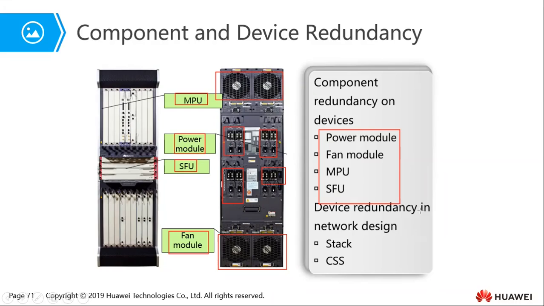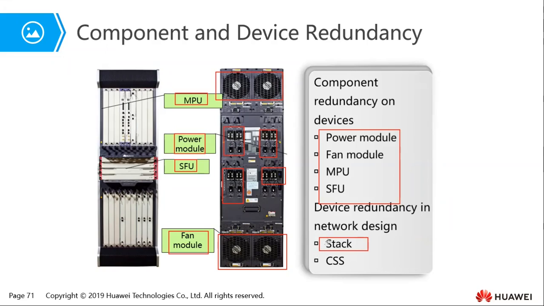Now, on device redundancy, we have several ways in which you can do it. For example, when we are using fixed switches, you remember fixed switches, we can do stacking. I'm not sure whether we did stacking at this level, but at HCIE, it is greatly covered. So stacking is simply combining several fixed switches so that they can operate as a single logical switch.